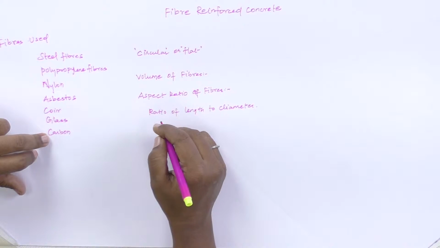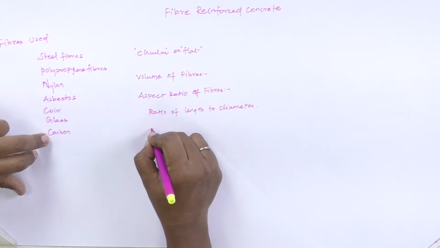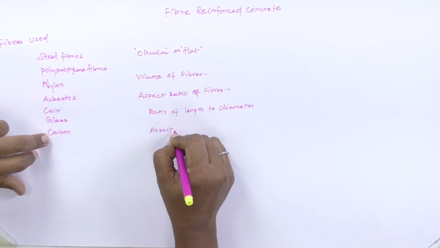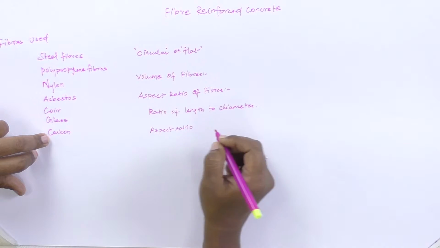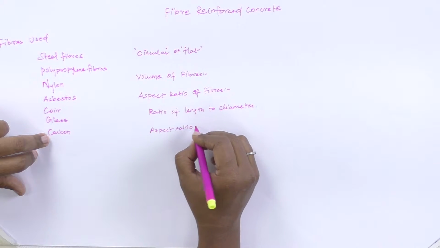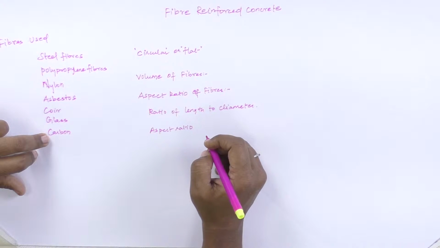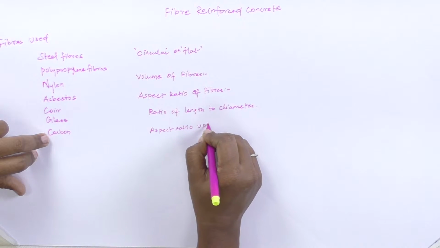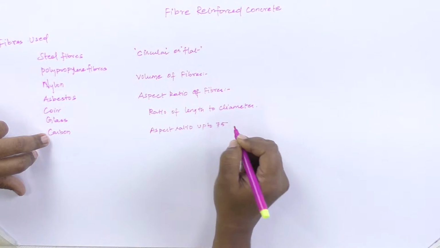We can use fibers having an aspect ratio up to 75.